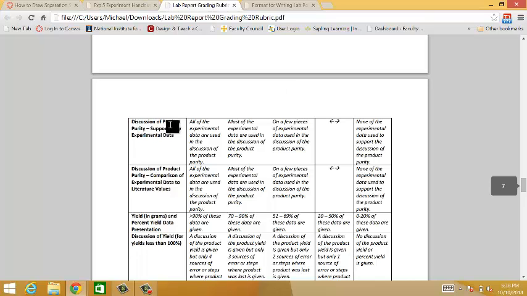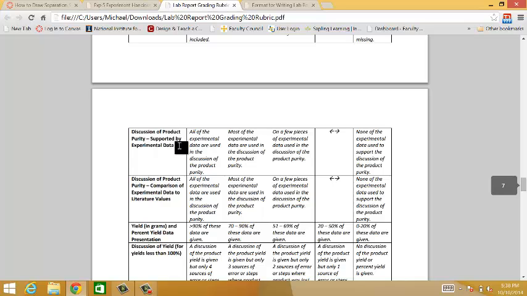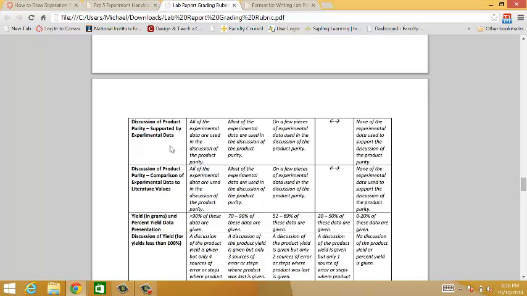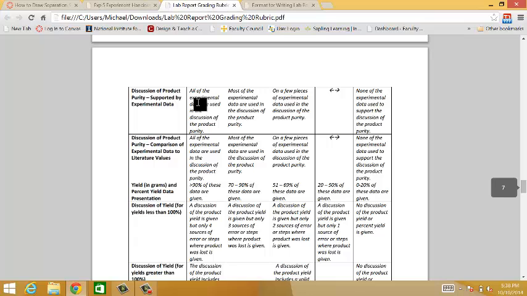Now, is the discussion of the product purity supported by experimental data? In other words, did you include experimental data to support your discussion of the product purity? For example, you said my product was a light yellow oil, and the literature value is that it is a light yellow oil.